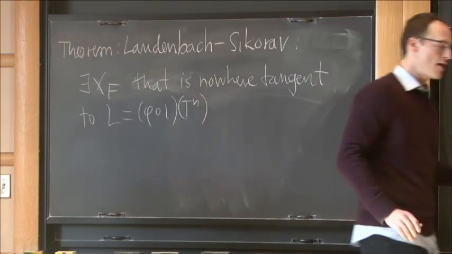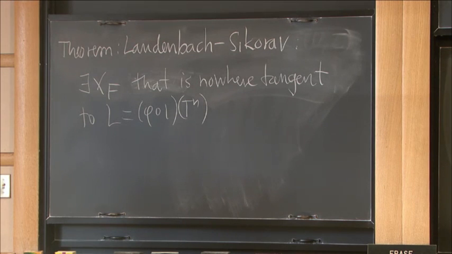So more generally, if you have a submanifold that's not Lagrangian, then you can always find a Hamiltonian vector field that's nowhere tangent to that submanifold. So for Lagrangians, that's of course not possible because the L is closed.